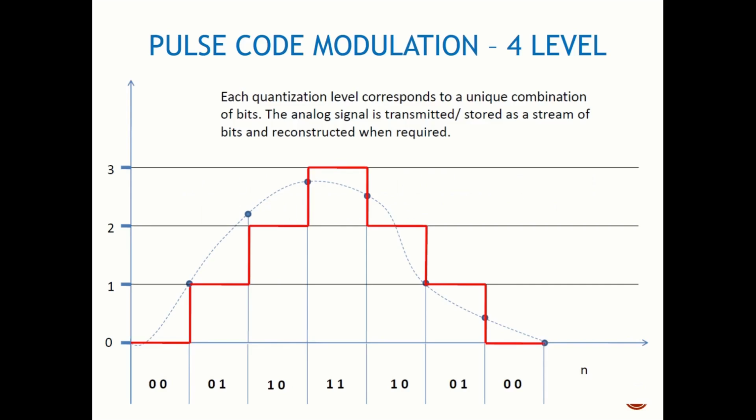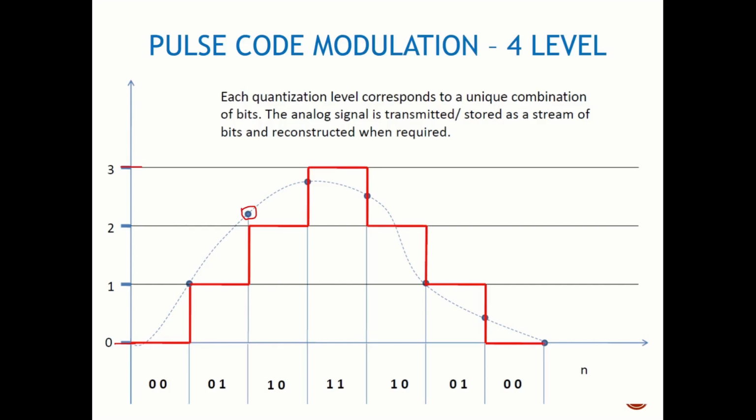Now, in this figure, we have an analog signal that is represented by the dashed lines. This signal, as we said, is first sampled. So for example, this is a sample of the signal. Now the next step is to divide the minimum and maximum levels of these signals into different levels.